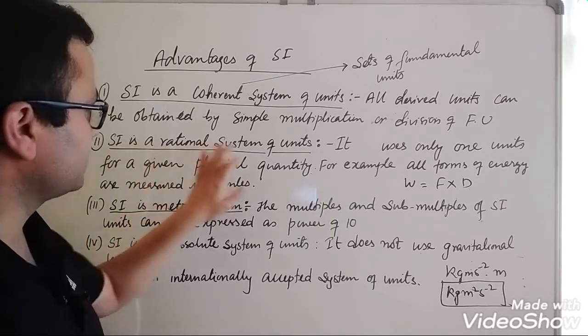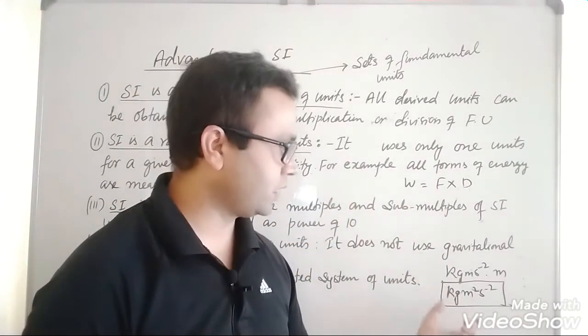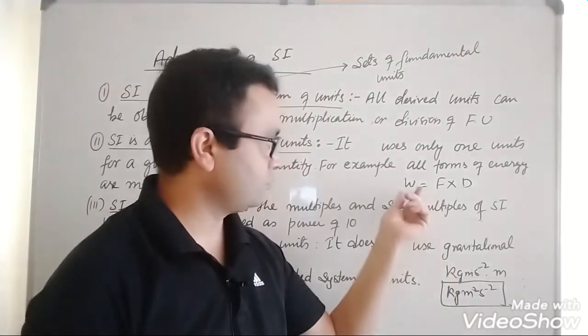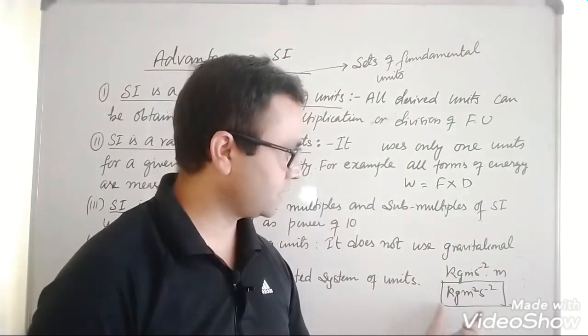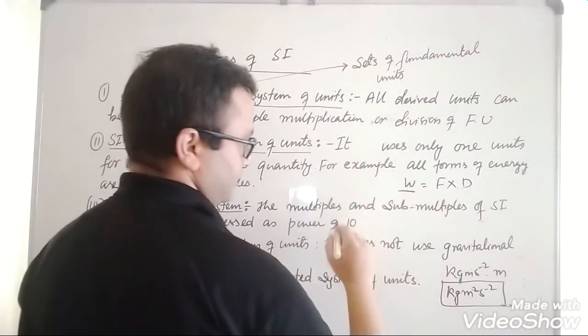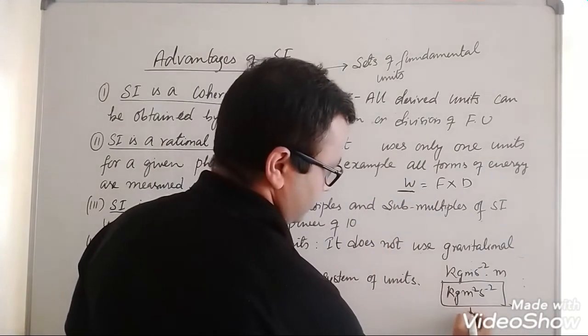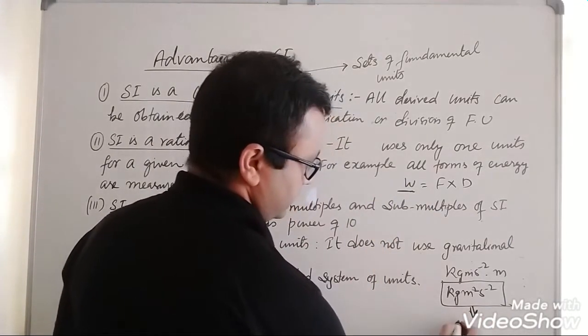So SI is a rational system of units, which means it uses only one unit. What is the unit of kg meter square per second square? What is the unit of work done? Work done is energy, so the unit of work done is joule.